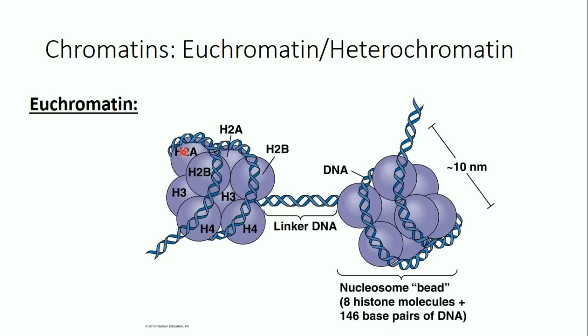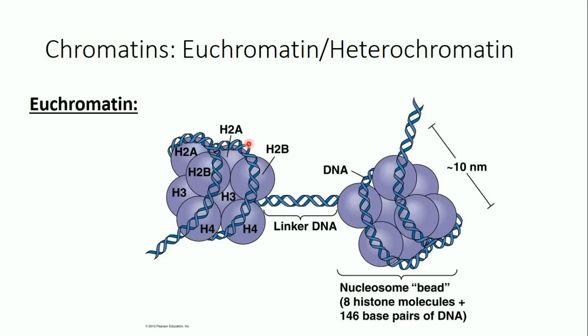For the 8 histones, we have H2A, H2B, H3, H4, and another set of H2A, H2B, H3, and H4. Then we have another group and another group. This group we call the nucleosome, which consists of 8 histone molecules and 146 base pairs of DNA.